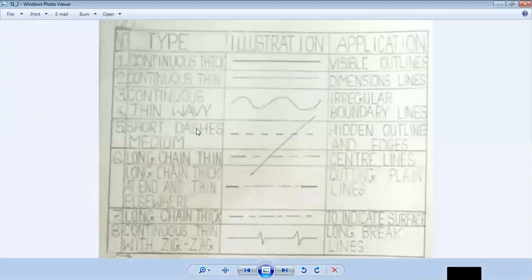Now is the screen visible? Yes, sir. Okay.